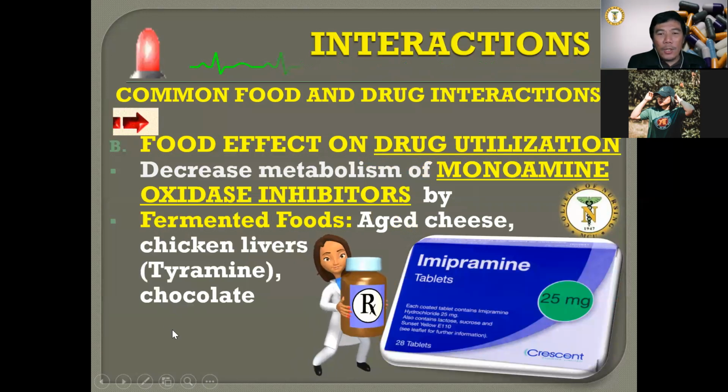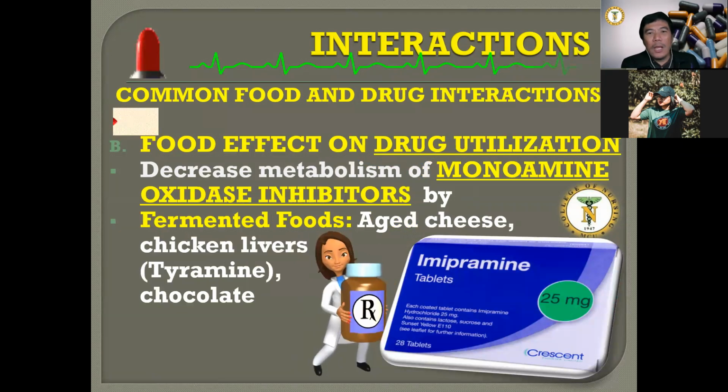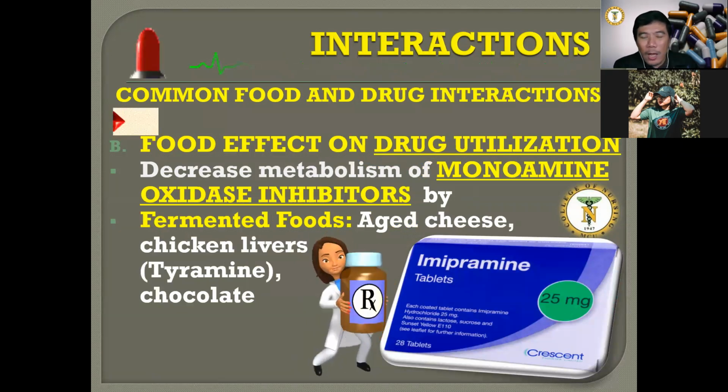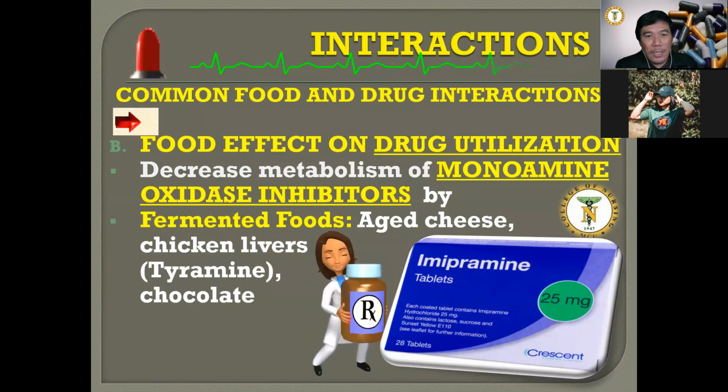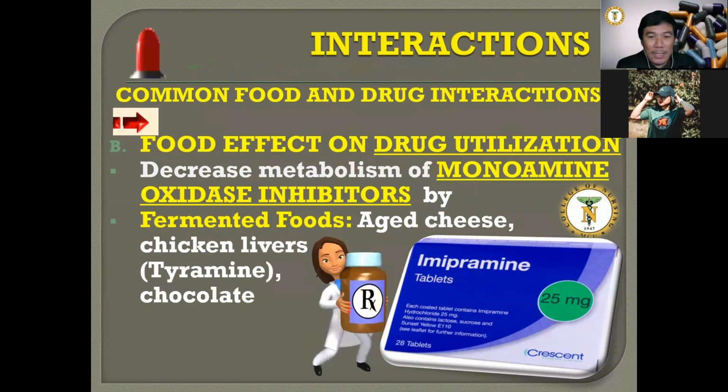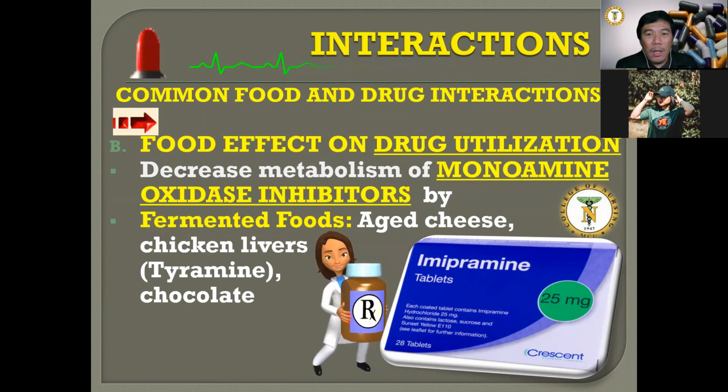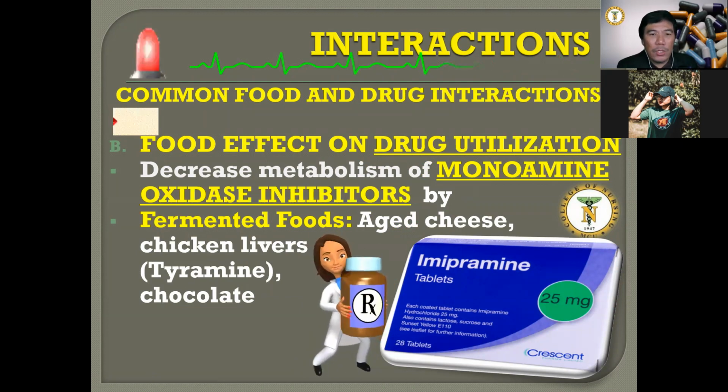Next, ito naman po, we have the monoamine oxidase inhibitors. Monoamine oxidase inhibitors such as imipramine, as an example, these are drugs which must not be taken with aged cheese, chicken liver, chocolate because of the tyramine.